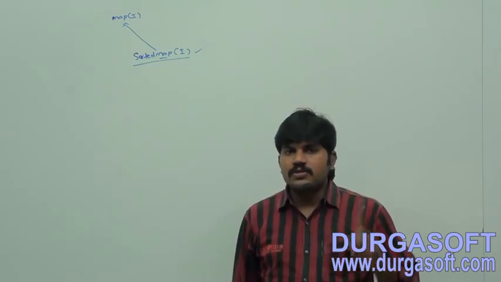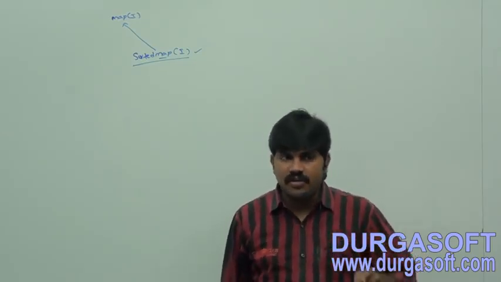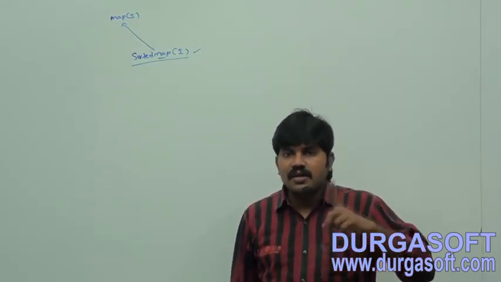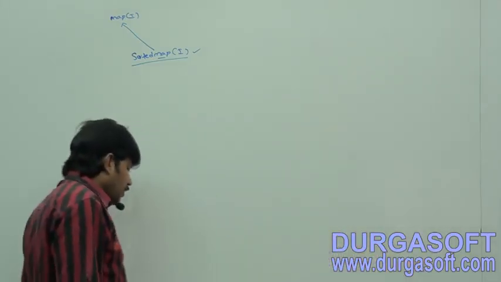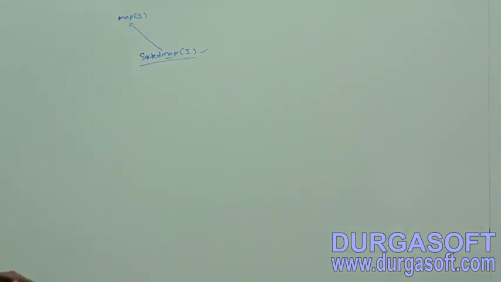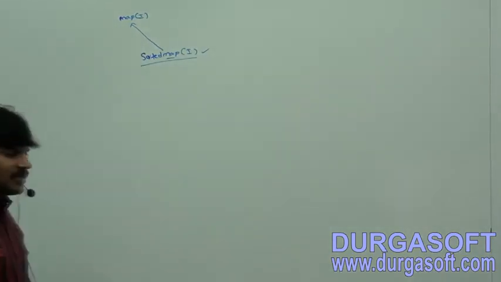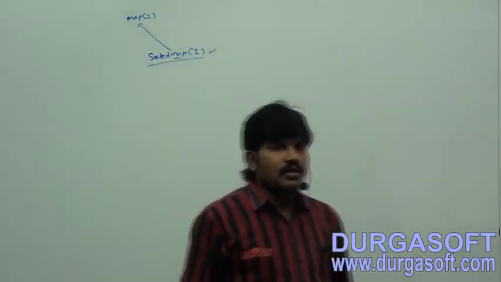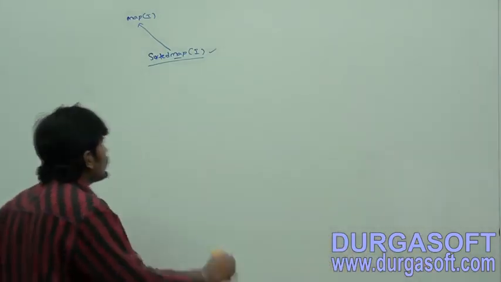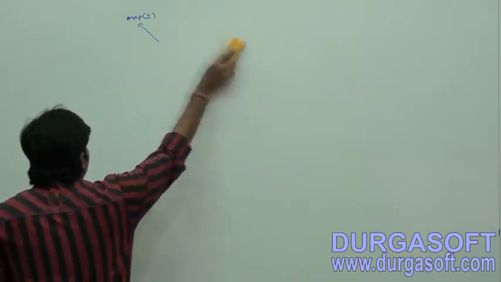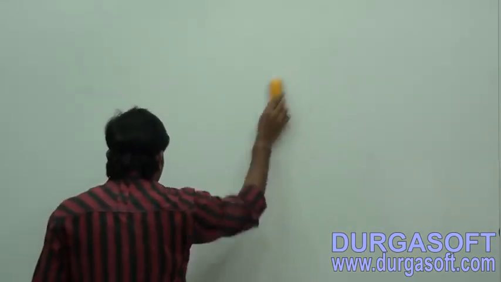So here, have you observed, is sorting based on the key or based on the value? Sorting is based on key but not based on value.